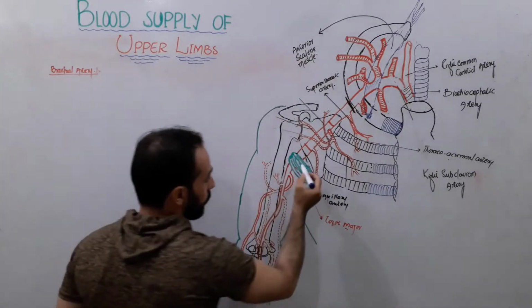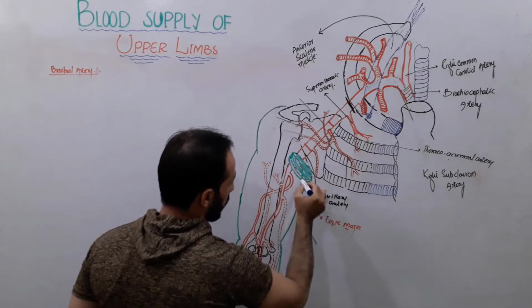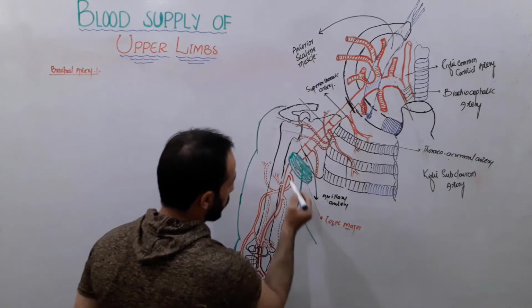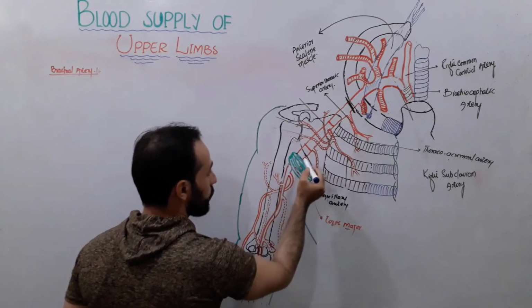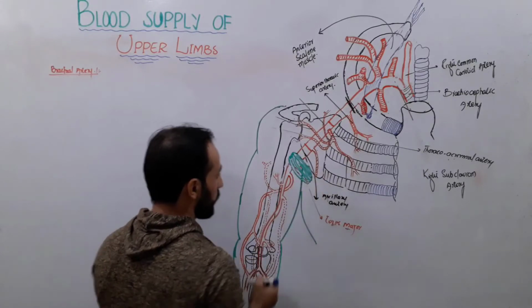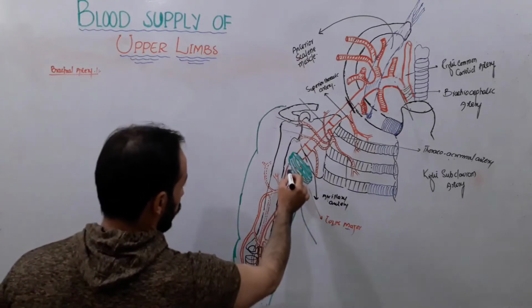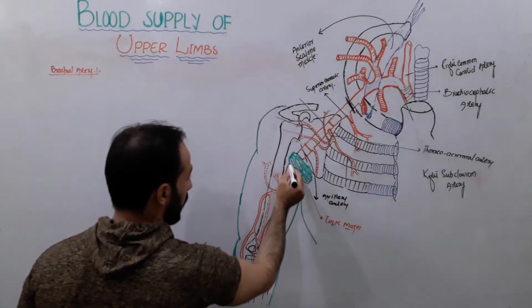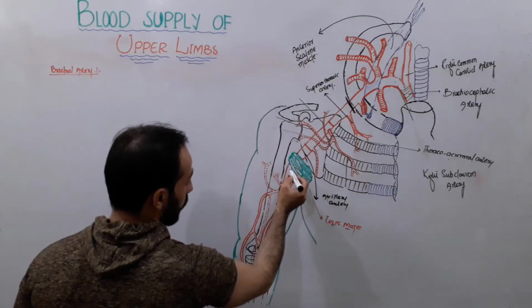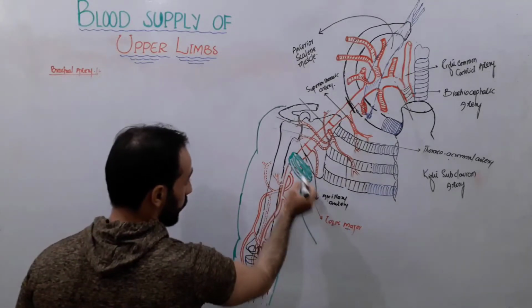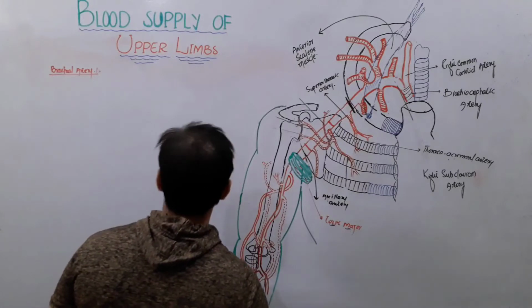At the level of the lateral border, or we can say the inferior border, of the teres major muscle, is the continuation of the axillary artery, and this artery is known as the brachial artery.